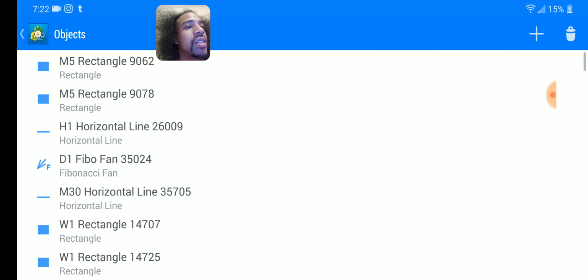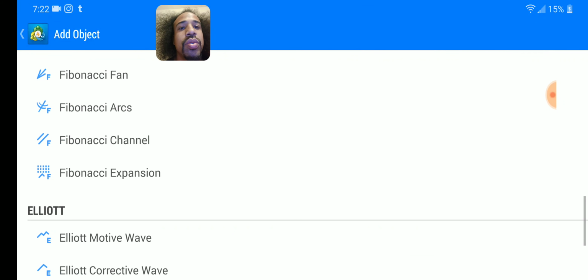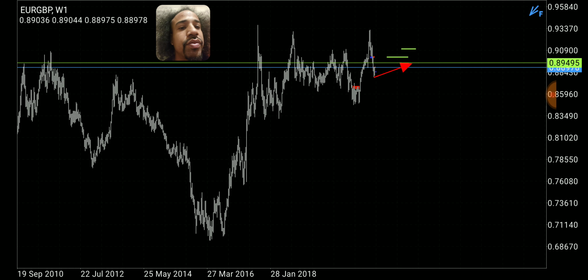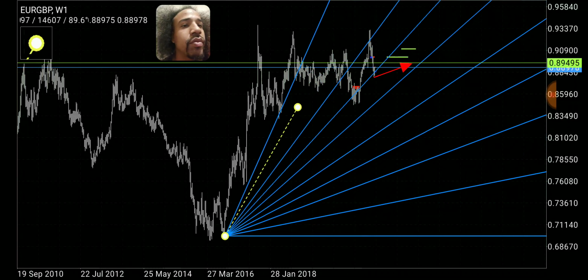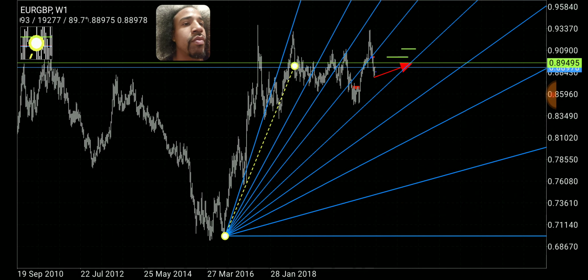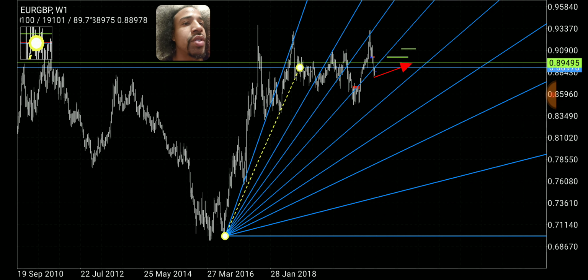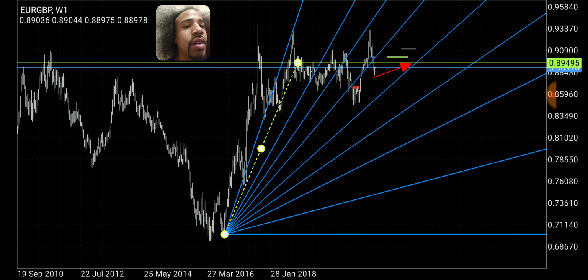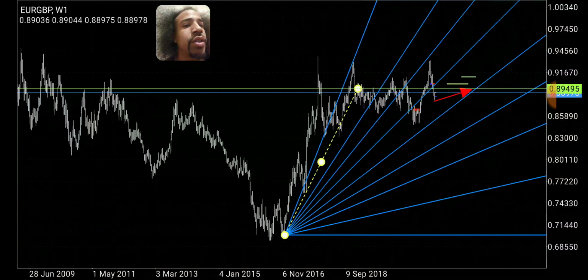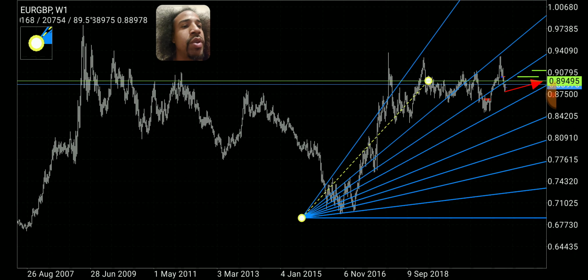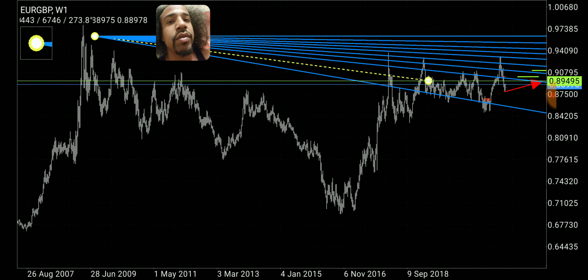Alright, so I'm going to use the Fibonacci fan. This is just another tool. Measuring the swing high, swing low, just to see if we got anything. I don't think we do. Let's try the other direction, or maybe even use this swing high over here.